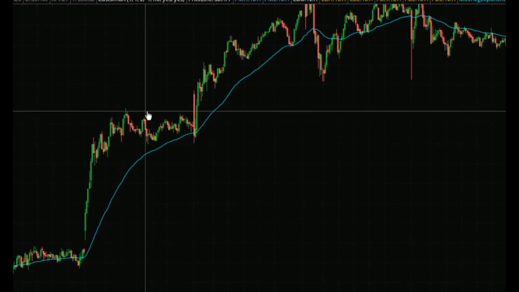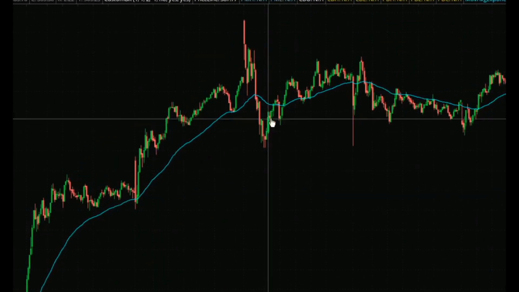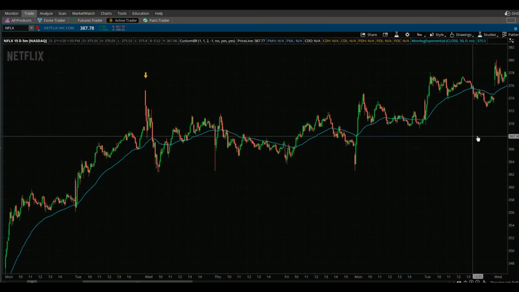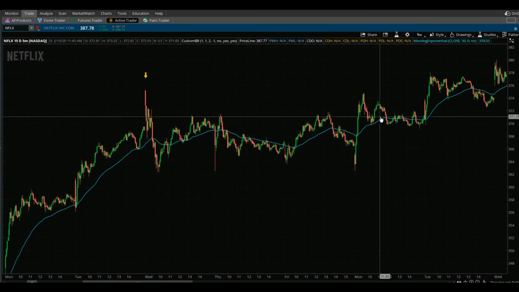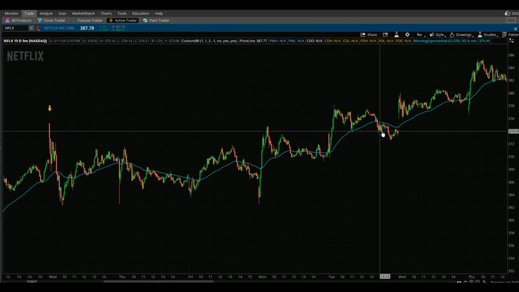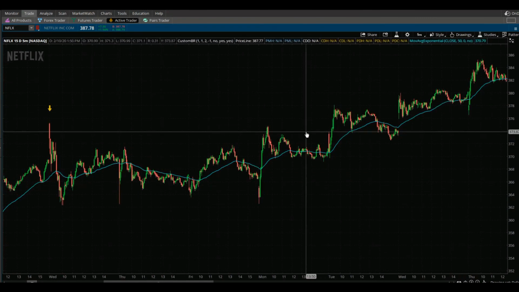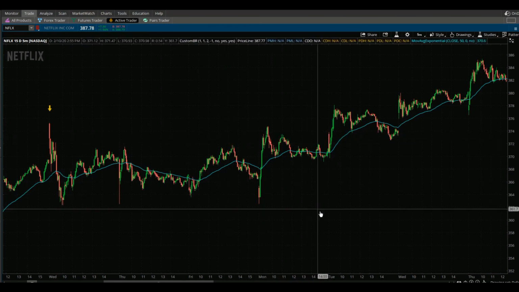Every time we get overextended, we come back to the 50, right? And you can kind of tell the line, if you're looking at price on the right-hand side, is gradually moving up. So this stock is bullish. And actually what we can also see, which I'll talk about in the next video, is structure, right?